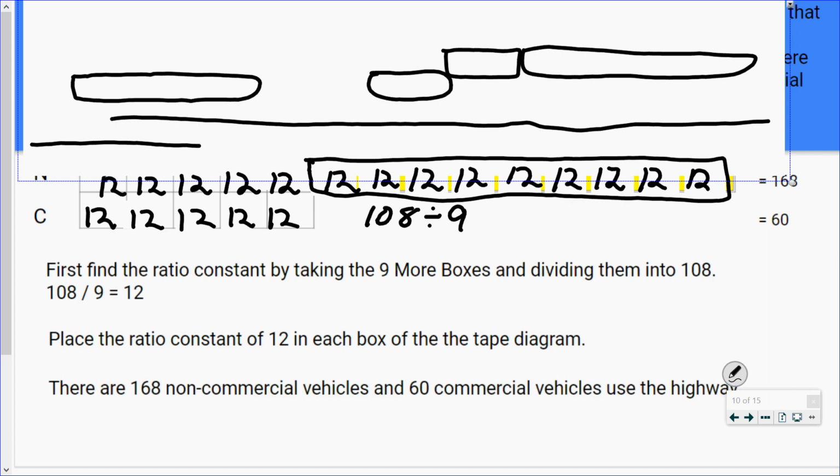That's how you would solve for it. You first find the ratio constant by taking the 9 more boxes, dividing them into 108. Place the ratio constant in all of the boxes, and once you've added up the top row and got an answer, and then added up the bottom row and got an answer, it should be 168 non-commercial vehicles and 60 commercial vehicles that use the highway.